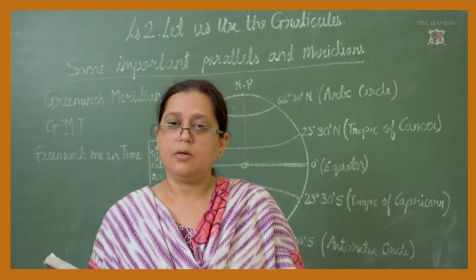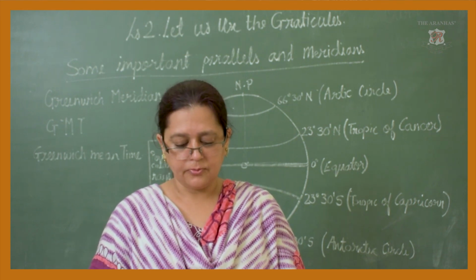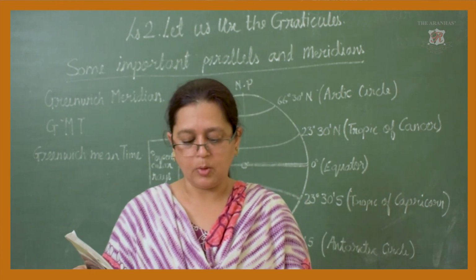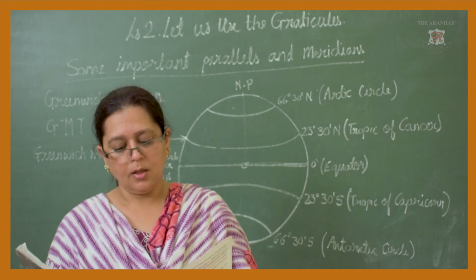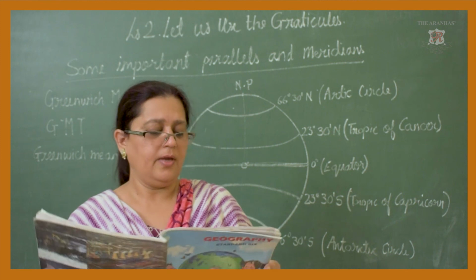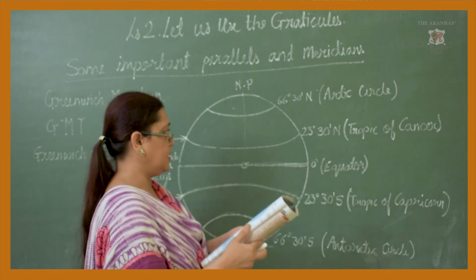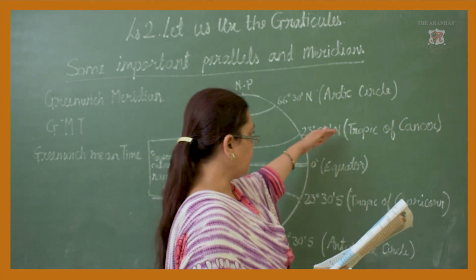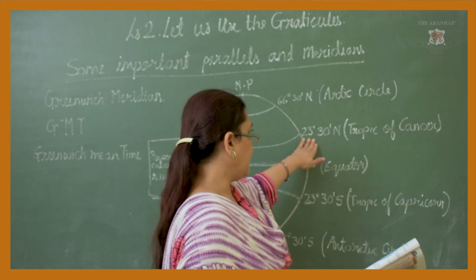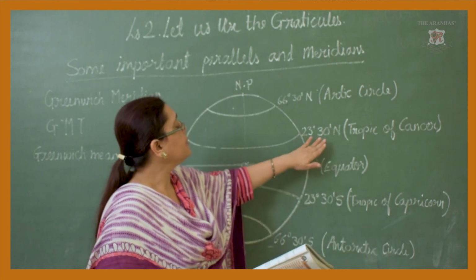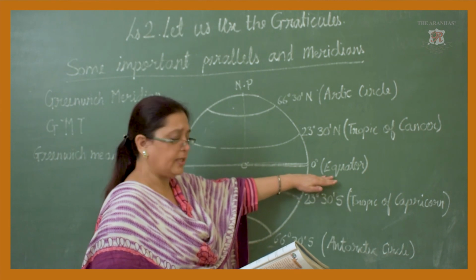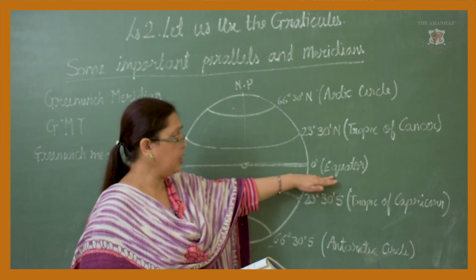Okay. Then we have learned some important parallels and meridians which are found on the important circles, the Tropic of Cancer and Tropic of Capricorn, which are situated at 23 degrees and 30 minutes north and south, and 0 degrees is called the equator.